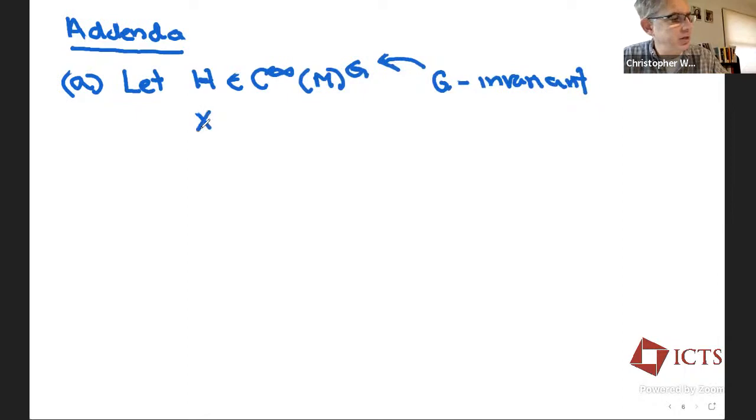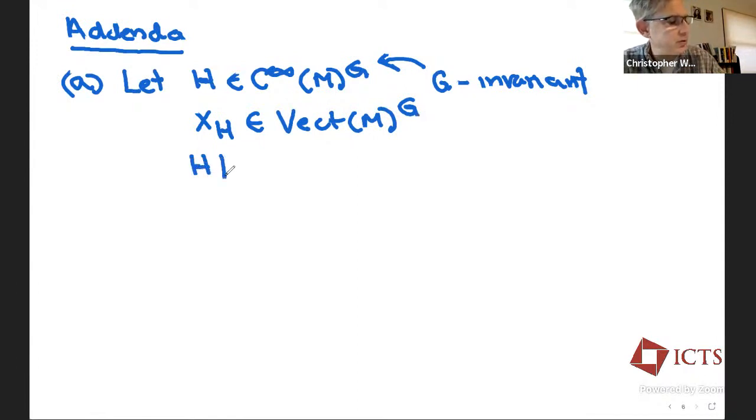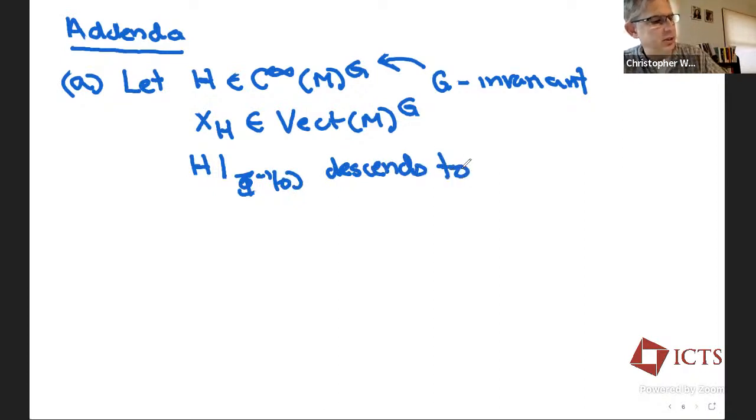Then I can look at the Hamiltonian vector field, and this will also be G invariant. I can restrict this to the 0 level set. Because it's invariant, it descends to a function h red on M red.